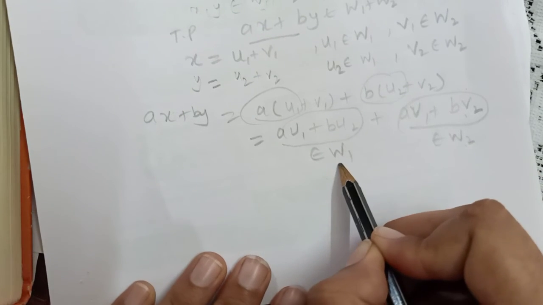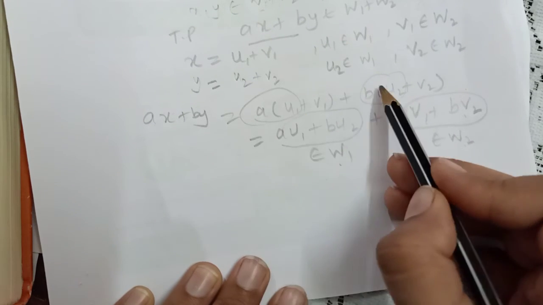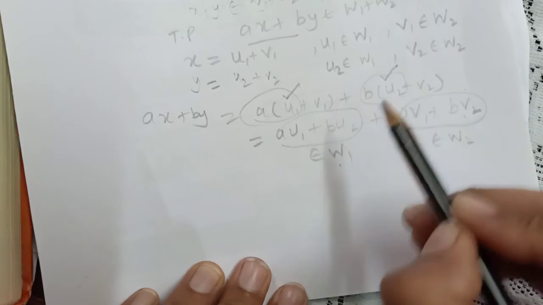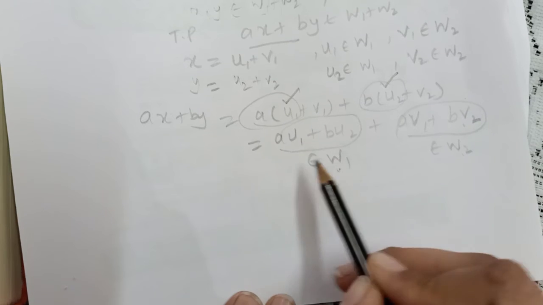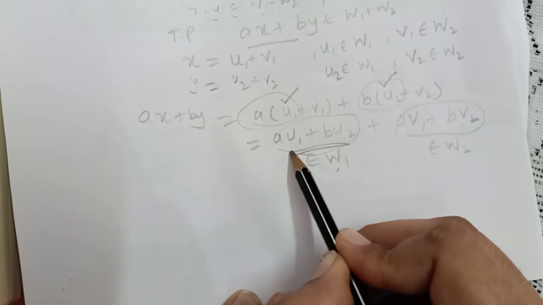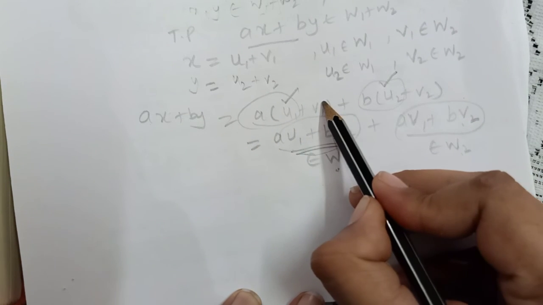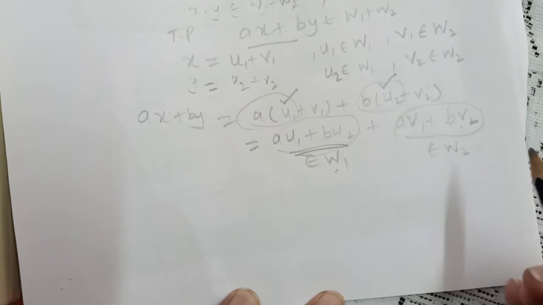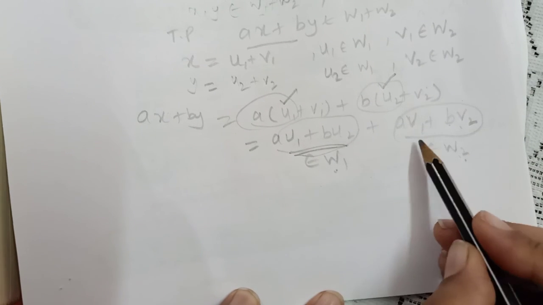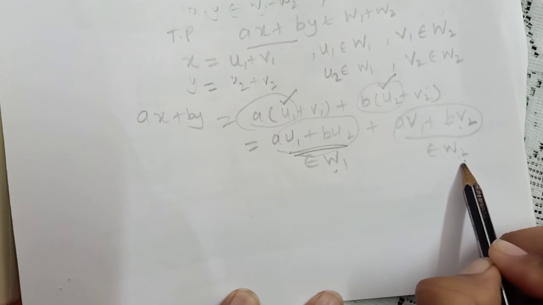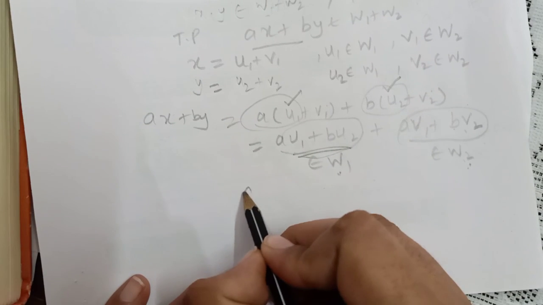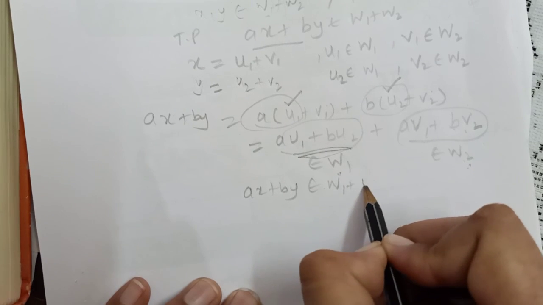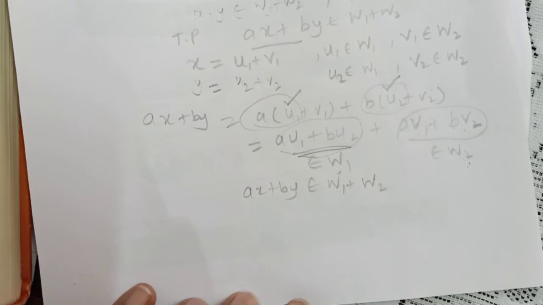Because W1 is a subspace. This was in W1, this was in W1, so since W1 is a subspace, this has to be in W1. Similarly, this is in W2, this is in W2, and a and b are from the field. Since W2 is a subspace, this also has to be in W2. So what we have proved actually is that ax plus by belongs to W1 plus W2. That's it.